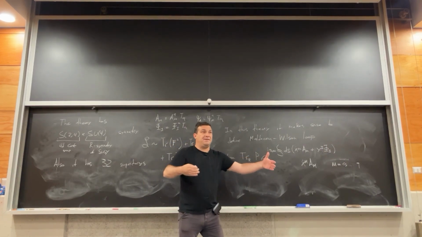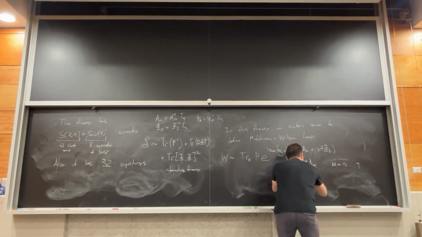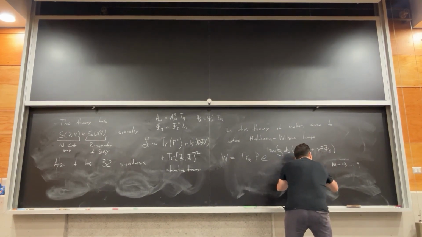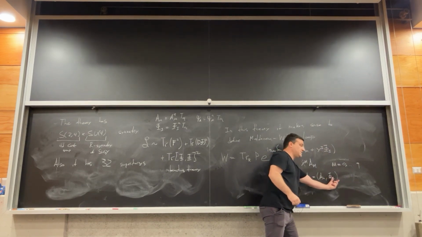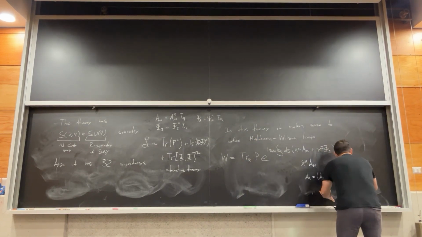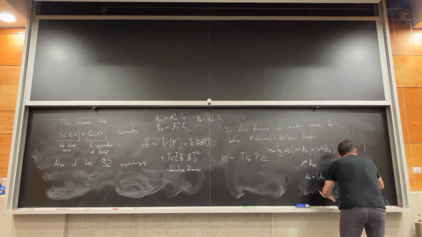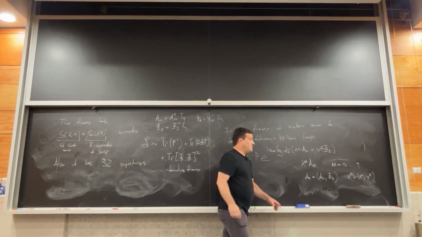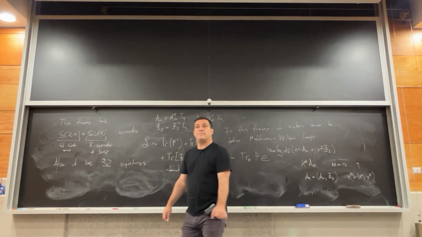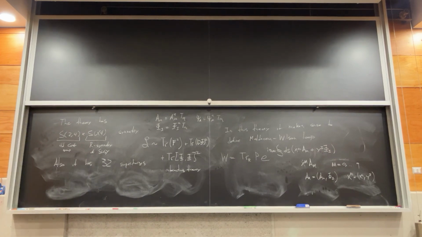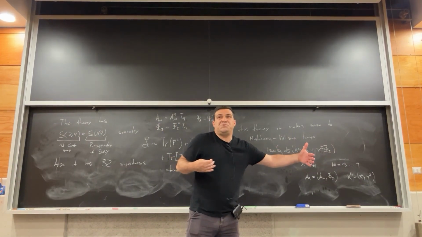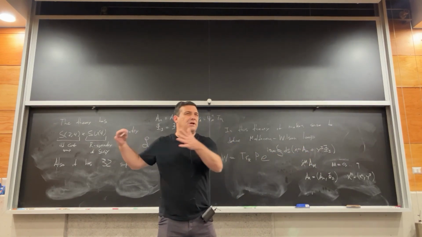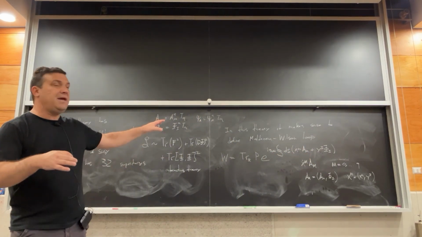If I split this into 4 plus 6, I write A_M as A_mu and phi_I, so 4 and 6 components, and I split x^M into x^mu and y^I, and this becomes this. So it makes sense in this theory to generalize our definition of Wilson loop. I lose a little bit of the intuition that I mentioned before, but I gain something more.